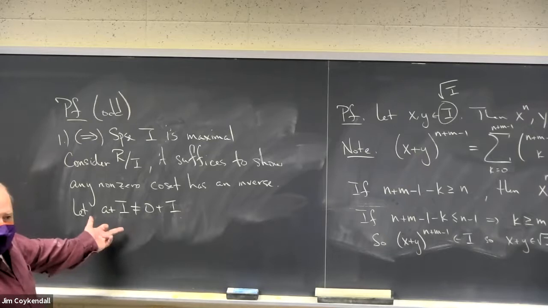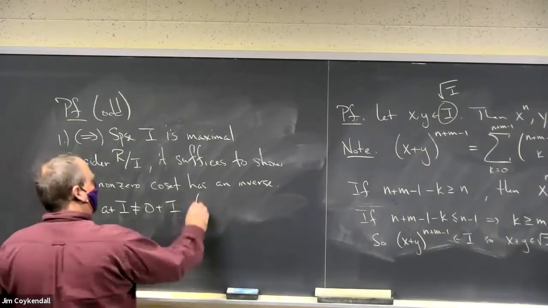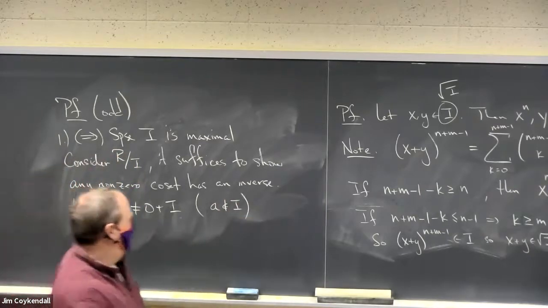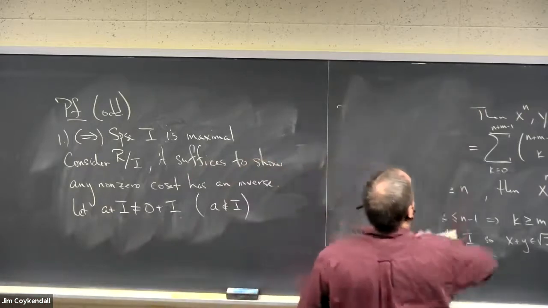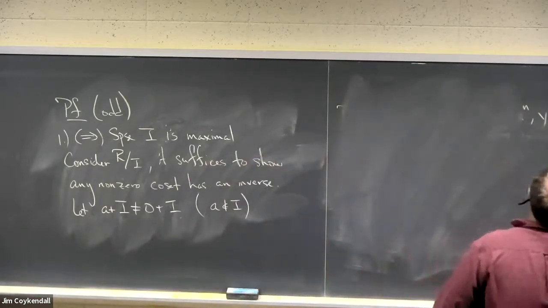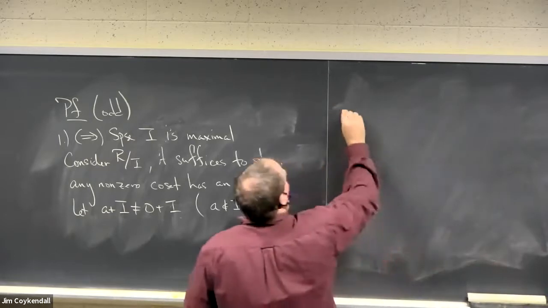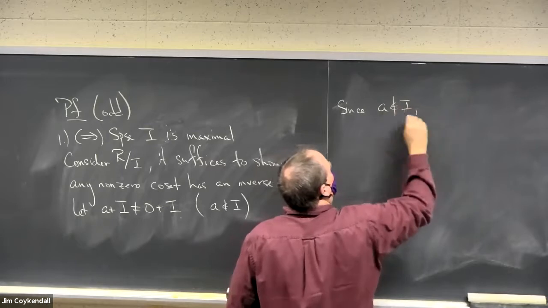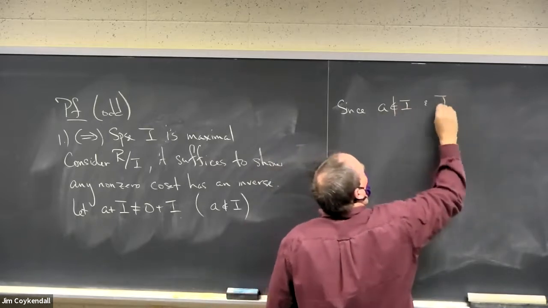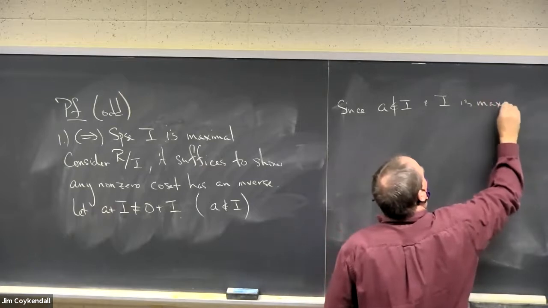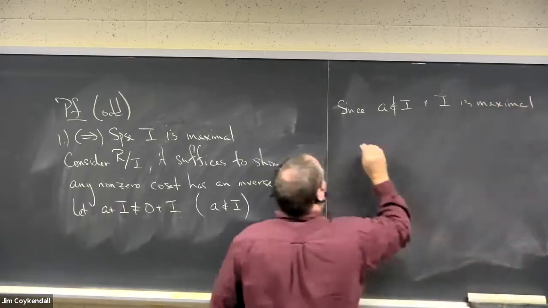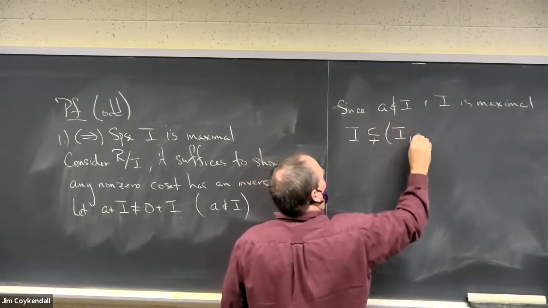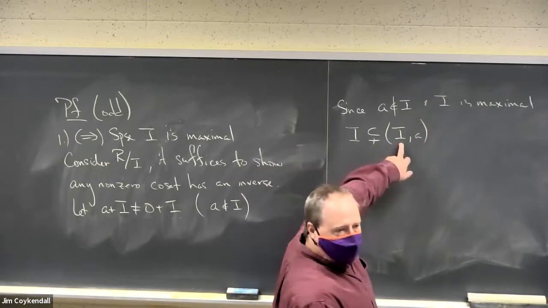So suppose I have a nonzero coset a plus I. This means that a is not in I. That's equivalent to saying the coset is nonzero. And so, since a is not in I, and I is maximal, let me recall for you what this means.